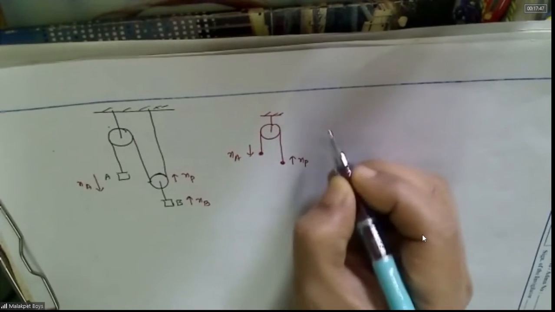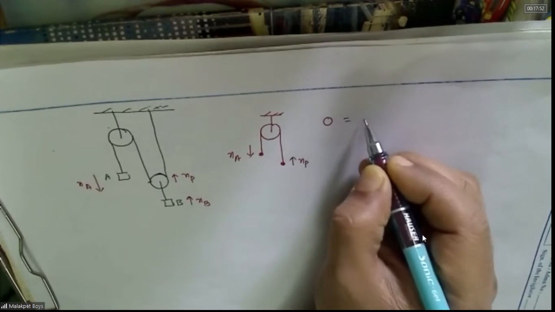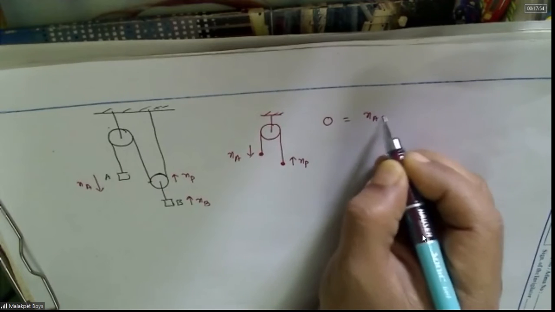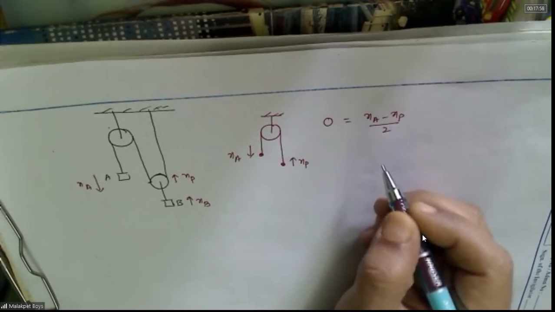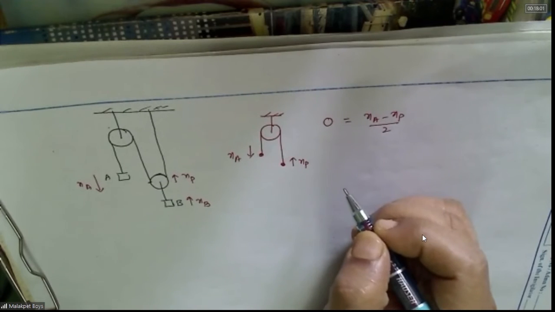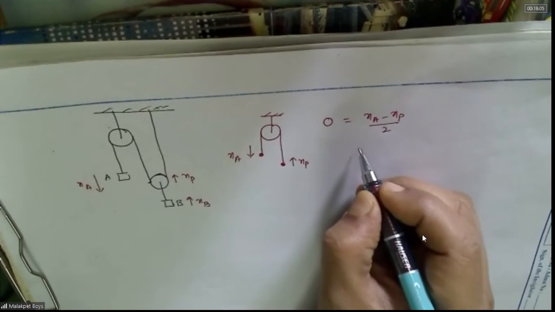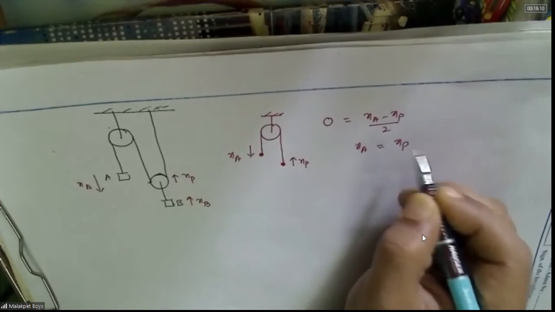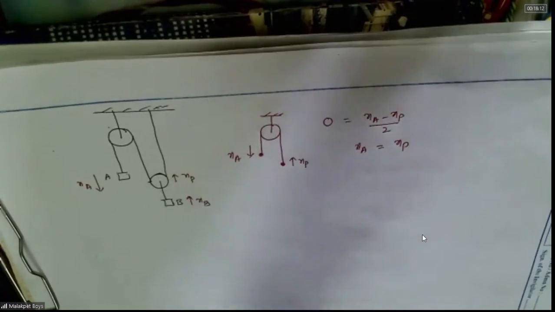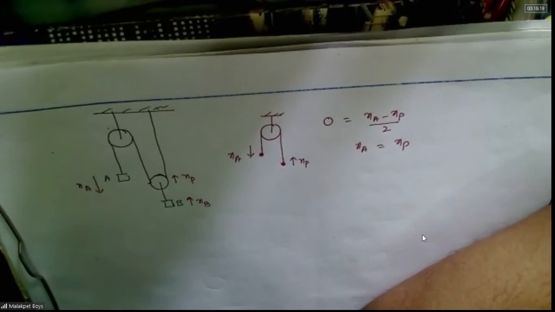Now, this pulley is not moving, no? It is XA minus XP by 2. Do you agree with this? Any doubt in this? No, sir. So here XA equals XP. Means whatever speed it goes, it rises with the same speed. Understood this? Understood, sir.